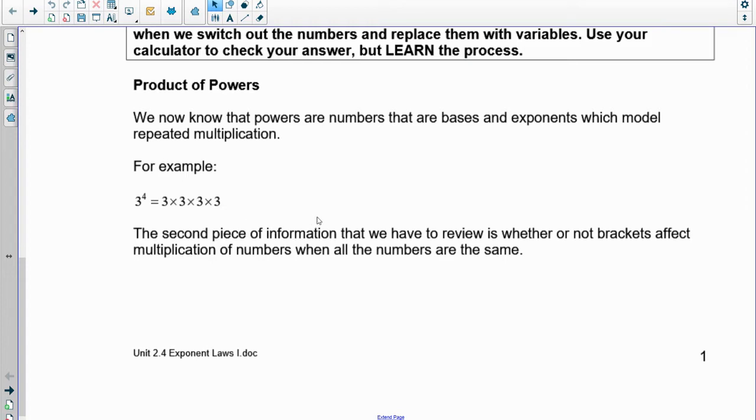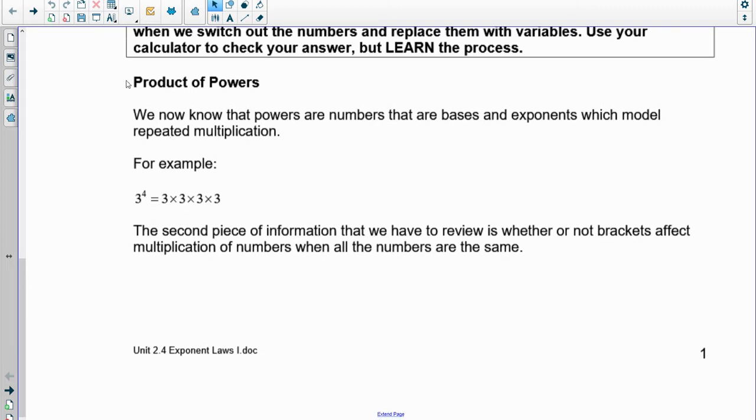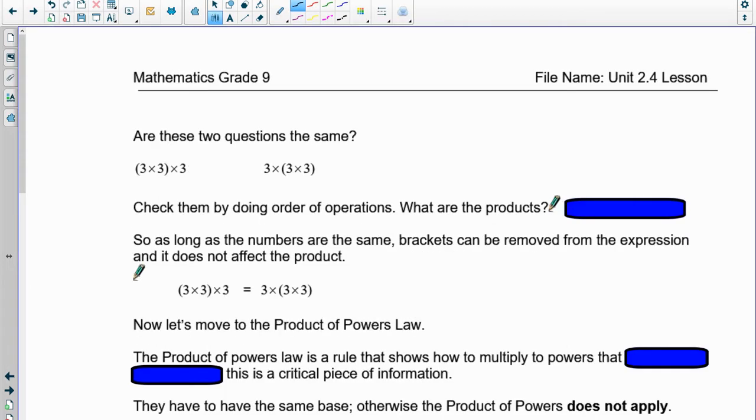Now the second piece of information we have to review is whether or not brackets will affect the multiplication of numbers when all the numbers are the same. Okay, let's take a look at the effect of brackets here. I've got two expressions here. I've got 3 times 3 inside brackets times 3, and then I've moved the brackets over to the second pair of 3's. Now whenever we do an expression like this, it's always BEDMAS, right?